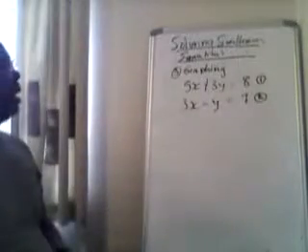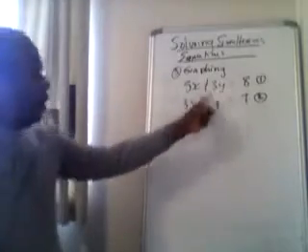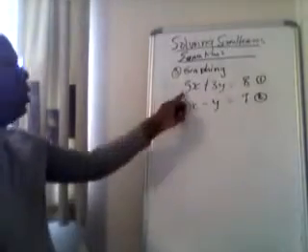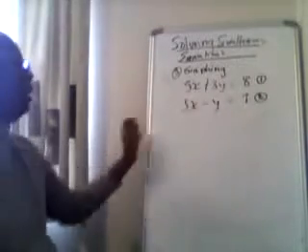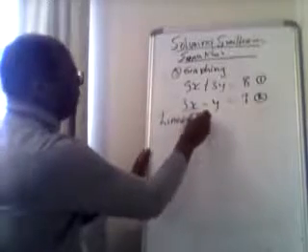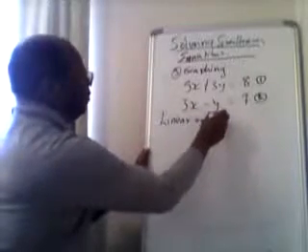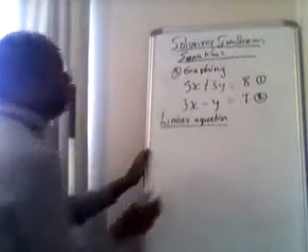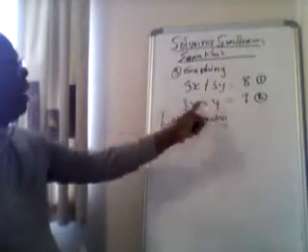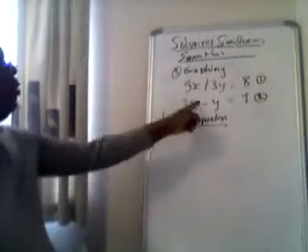In here you need to check what type of equations you have got. Each of these equations is a linear equation, an equation of a straight line. How do we know? Because there is no power, or degree, of more than 1.